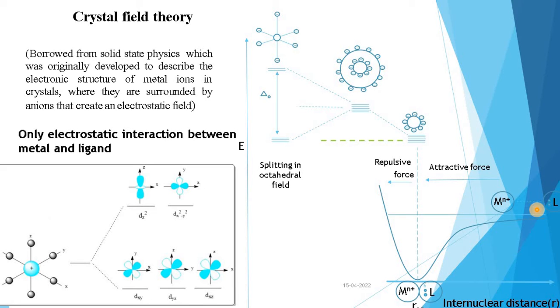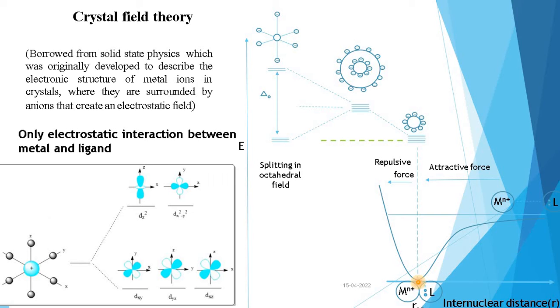Whenever there is attraction, you have to remember that energy will decrease. And whenever there is a repulsive force between any two things, the energy will increase. Now, in an equilibrium situation, when the energy is minimum, that is your bonding situation, when the metal and ligand bond forms.